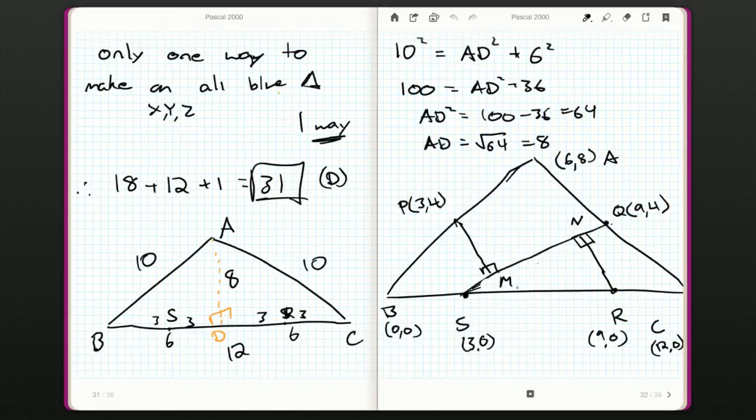We can find the coordinates of M, because M should be the intersection of the line we just found with the line SQ. And in the same way, N is the intersection of RN and SQ.